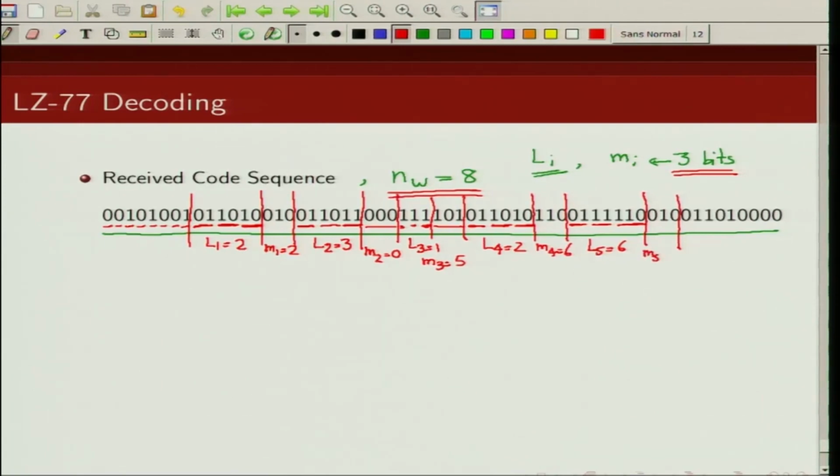So M5 is 2, and again here there's a run of 1. So look at the next 2 bits, that is 2. Again look at the next 2 bits. So L6 comes out to be 2, and the next 3 bits correspond to M6, which is 0.